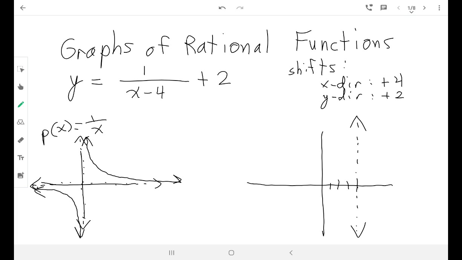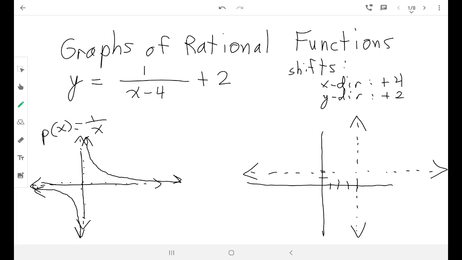And then the horizontal asymptote, the only direction that matters for it is the y direction. So positive 2. And so that one has moved like that, and there's my new asymptote.